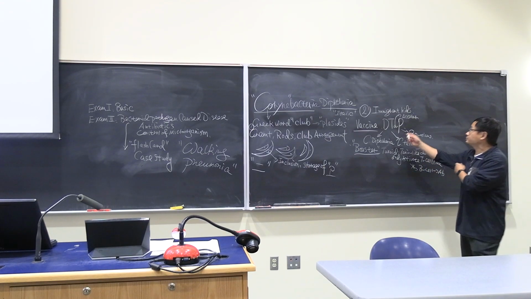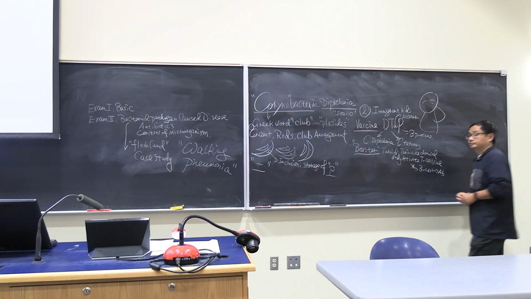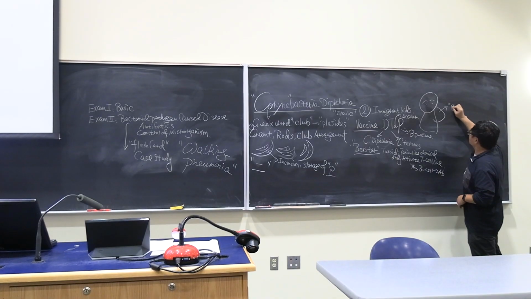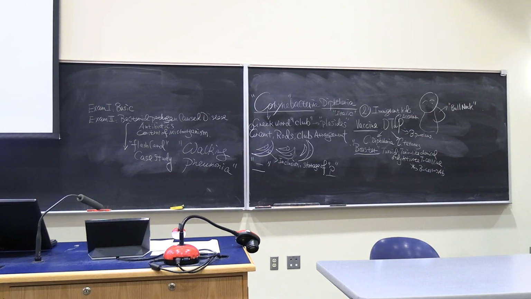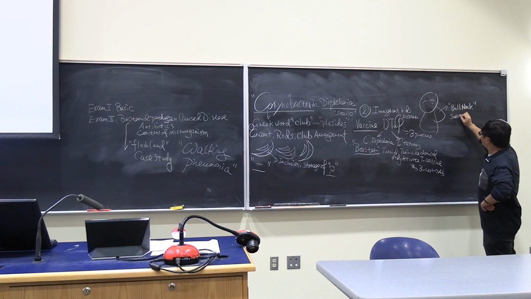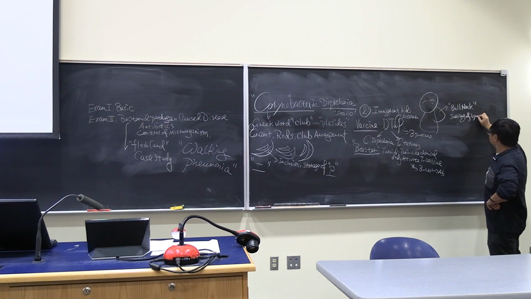What do the diphtheria symptoms look like? If you have a human being like that, very sick, with a bull neck. Look at the picture, that's what it is. The bull neck happens because of severe swelling of the lymph nodes.